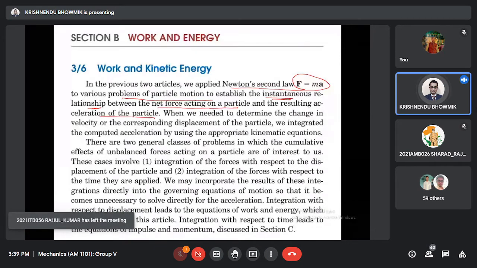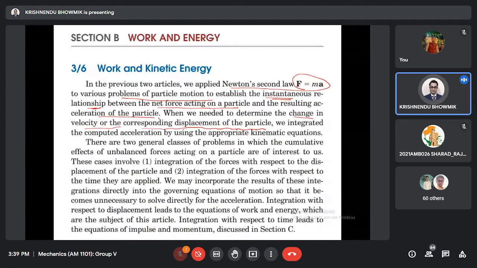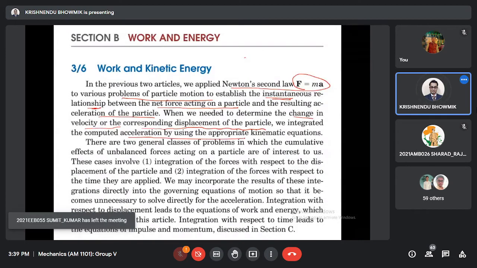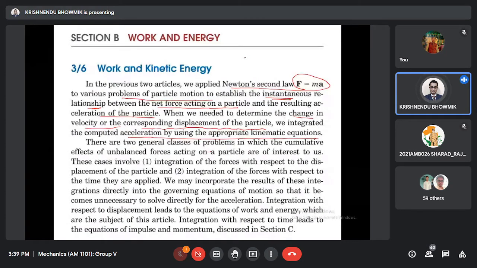Now we have to determine the change in velocity or corresponding displacement of the particle. Then we can integrate the computed accelerations by using appropriate kinematic equations.